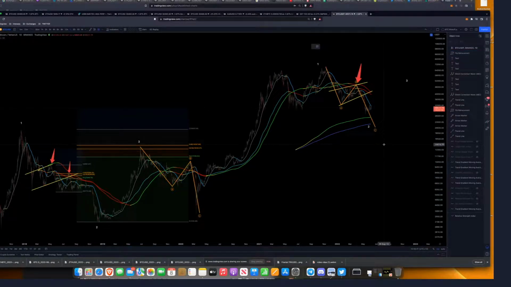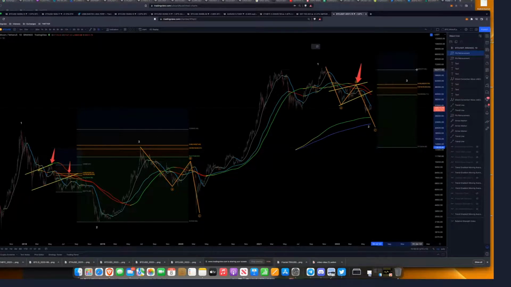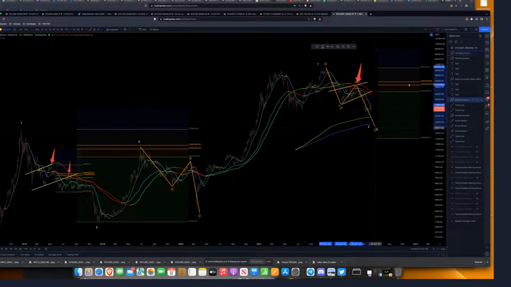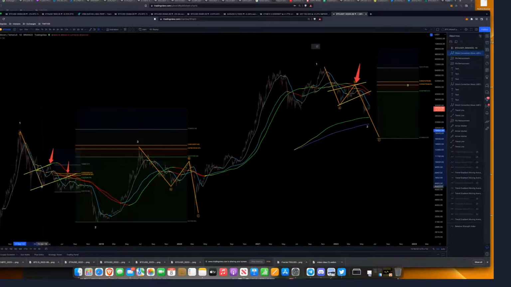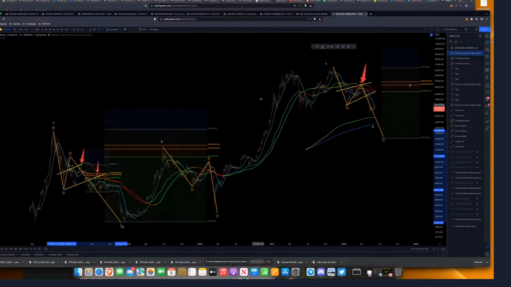Our 3 is going to probably take place wherever that bottom is. So if it's 15K, and that's our ABC all the way down, I think that's our A, B, and C. That's our fifth wave there.